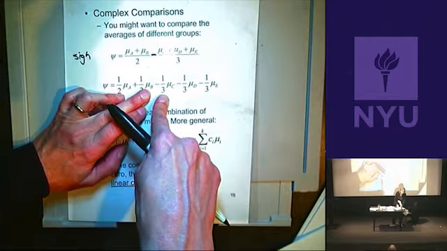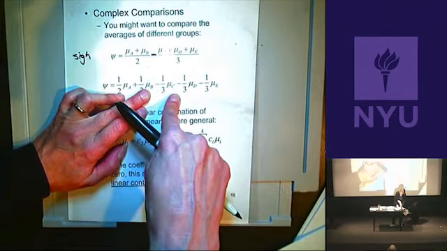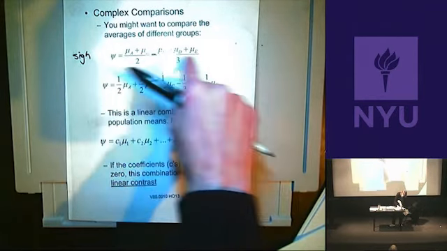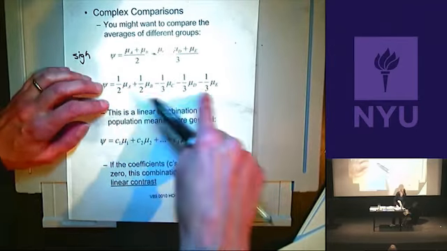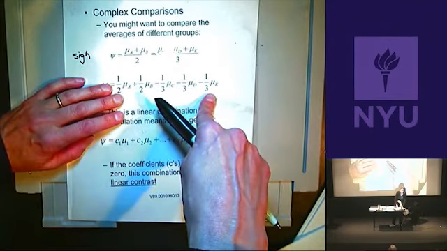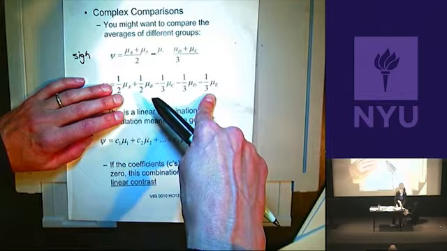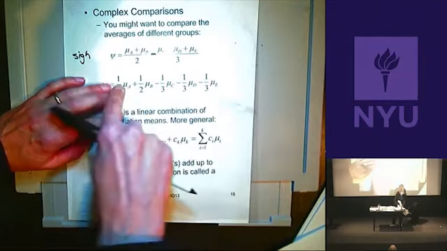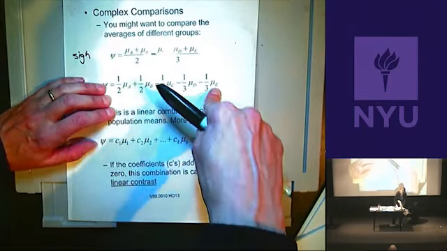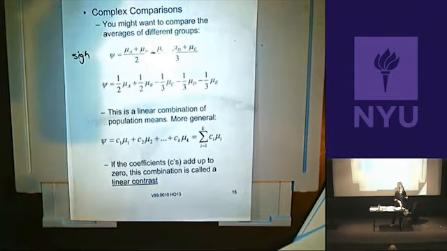This is negative, right? Because it's minus 1/3 times the mean of C. But that negative sign expands to all those terms, so don't forget that. All right? So all I've done is expanded that out so that now each mean has a coefficient in front of it that tells us how much to weight the mean in its part of the equation.